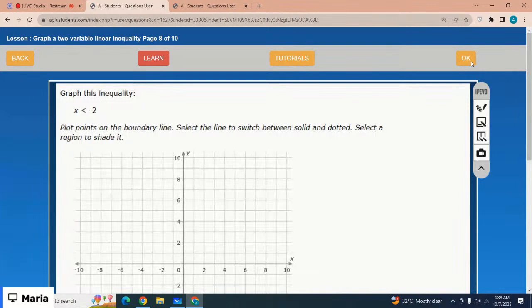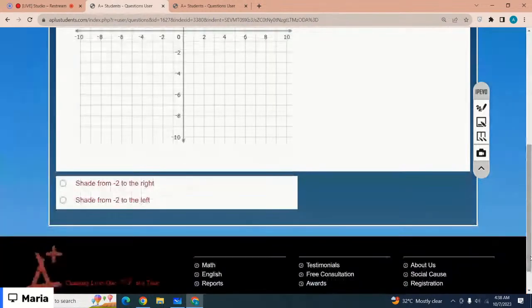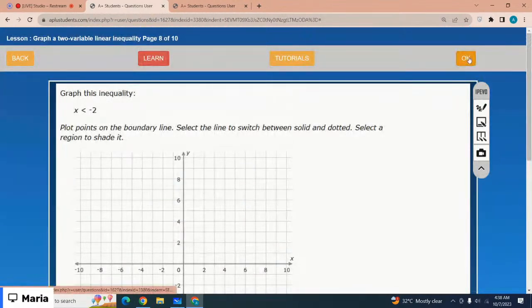Graph the inequality x is less than negative 2. That means left of the negative 2, right? Shade from negative 2 to the left. X is greater than negative 3, which is the correct option?